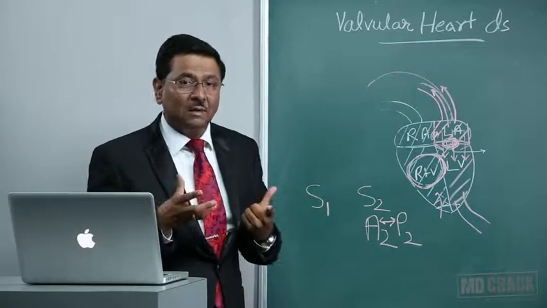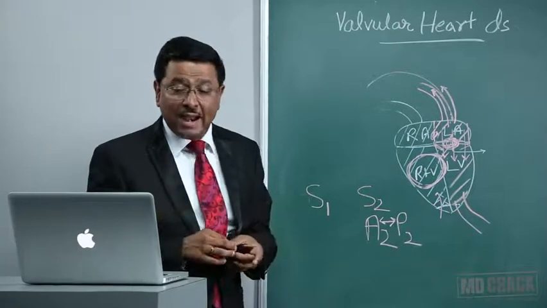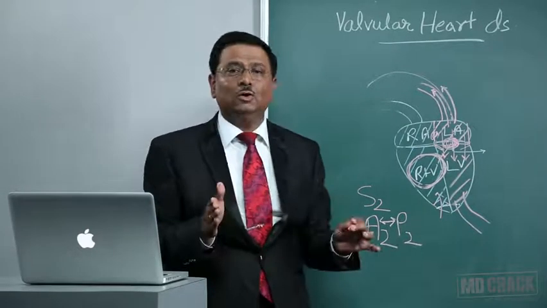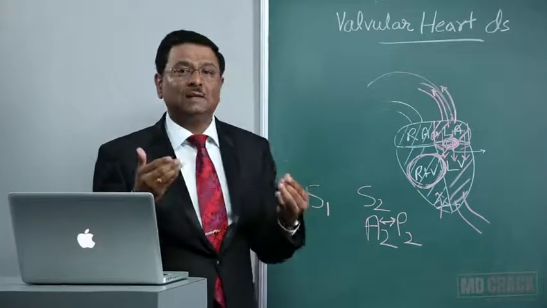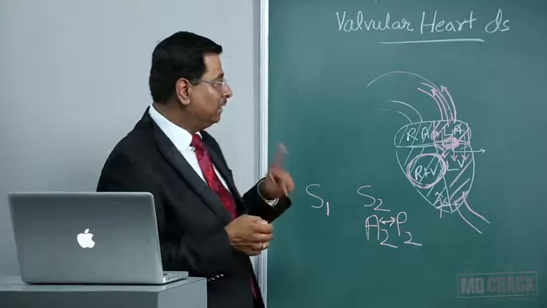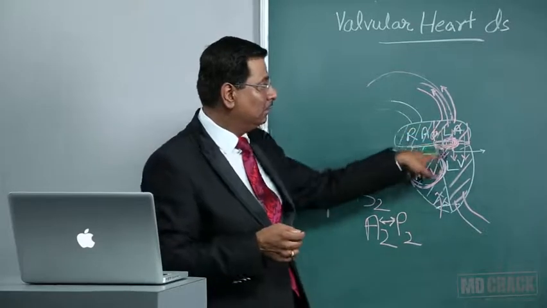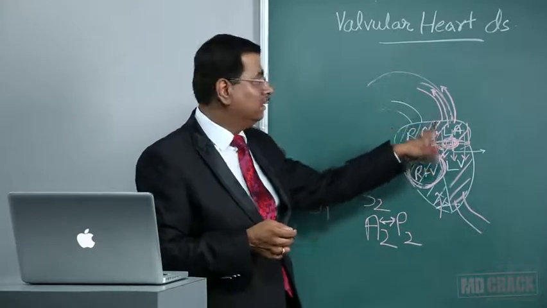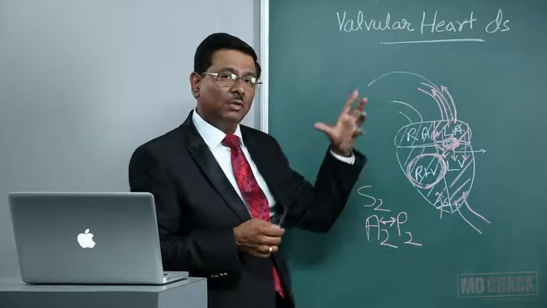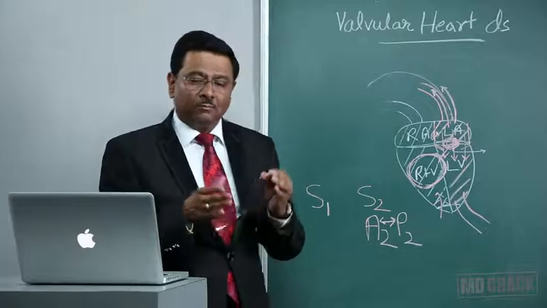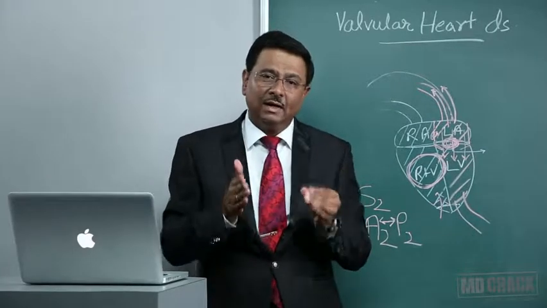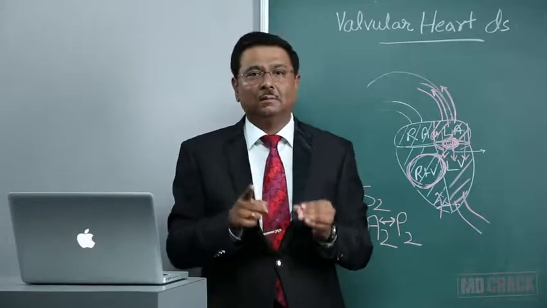And there will be fixed splitting of S2, which favors atrial septal defect. So there are three important points. If there is ASD, there will be no left atrial hypertrophy. There will be no Kerley lines, which give you an idea about pulmonary congestion. And please remember, fixed splitting of the second heart sound is seen in atrial septal defect.